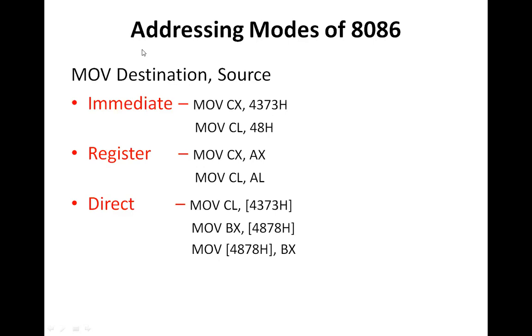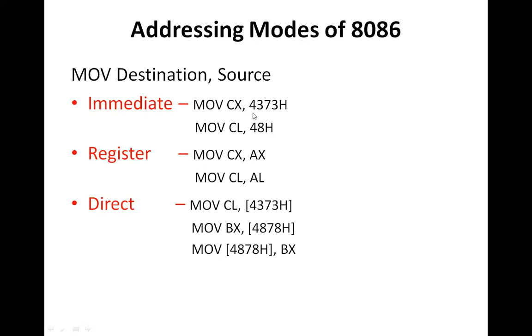The first addressing mode is the immediate addressing mode. Immediate addressing mode says that whatever data you want to transfer, you have to specify within the instruction. If it is a 16-bit data transfer operation, then we will write MOV CX, 4373.